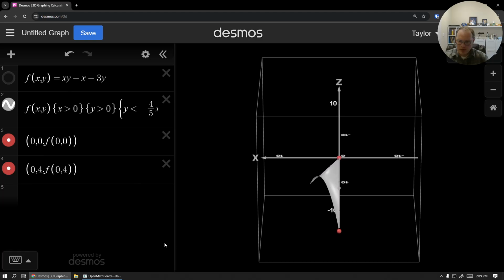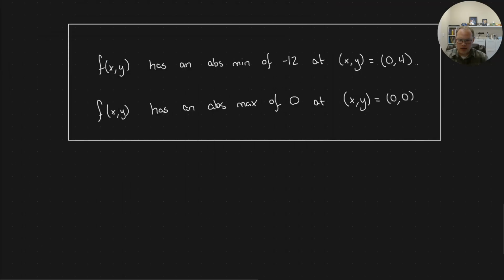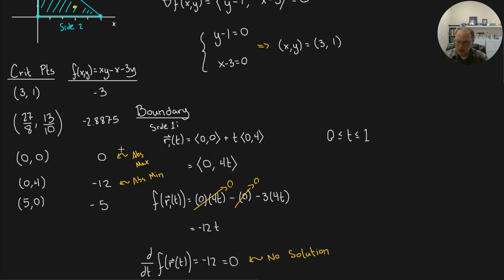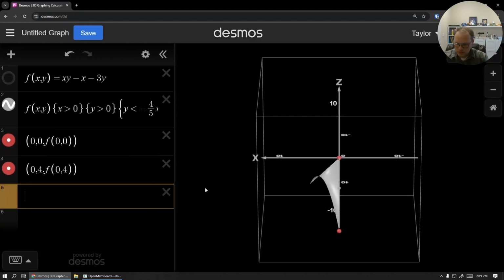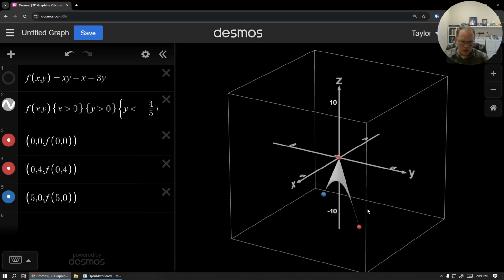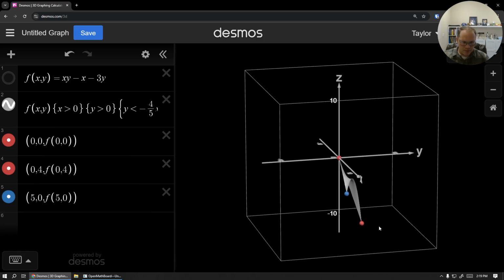Okay. Now, what about those other critical points? What did we have? Let's check. We had (3, 1), and we had (5, 0). Let's do (5, 0) first. Okay. So it's a little interesting at (5, 0).